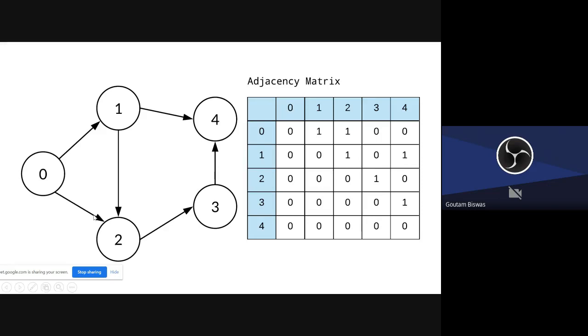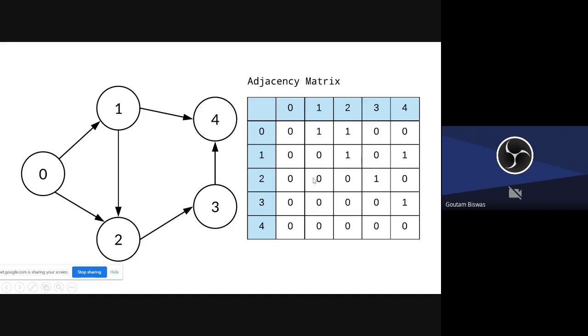But if you omit the arrows, that is, it is a simple graph, then 1 to 2 and 2 to 1 both will be 1. In the digraph, 1 to 2 is 1, and 2 to 1 is 0, but in the simple graph it should be 1.